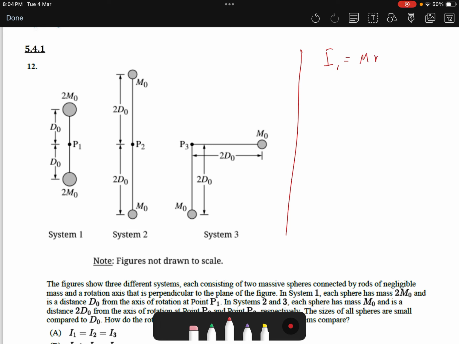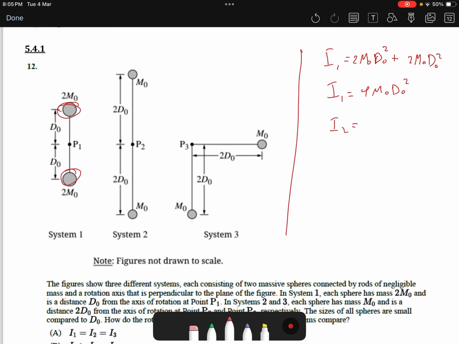For this one, it's 2m0 times d0 squared plus 2m0, the second mass, times d0 squared. So we found it for the first mass and the second mass. Now let's complete: I1 equals 4 m0 d0 squared.